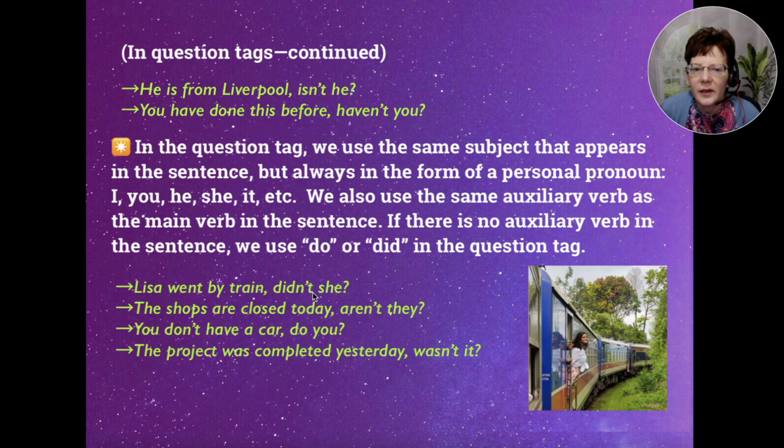So she refers to Lisa. And then the shops are closed today, aren't they? And then we have you don't have a car, do you? And then the project was completed yesterday, wasn't it? So it's checking to verify these things when we ask.